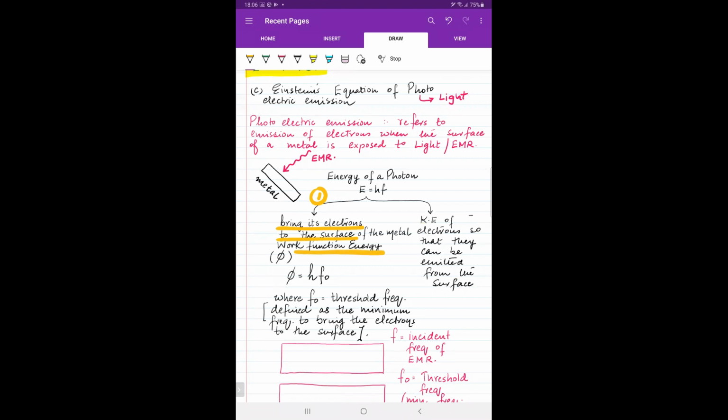So this portion, known as the work function energy, according to Einstein, was the energy utilized by the metal to bring its electron to the surface of the metal. Whereas the remaining portion, he suggested, is going to be converted into the kinetic energy of the electrons so that they can be emitted from the surface.